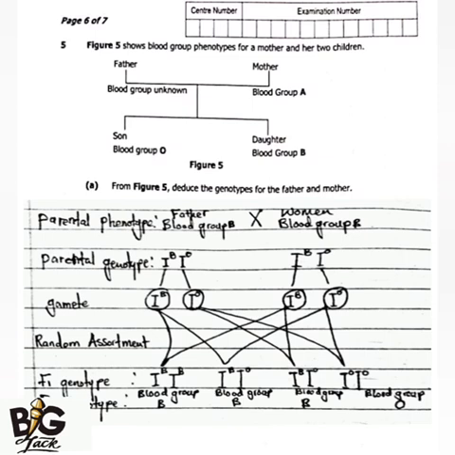And then the last one is blood group O as homozygous recessive. Then the last one is the F1 phenotype. On the F1 phenotype, what you're supposed to write here is just the words. So the first one is blood group B. Then the next one, blood group B. The third one, blood group B. Then the last one is blood group O. So that was the last one.